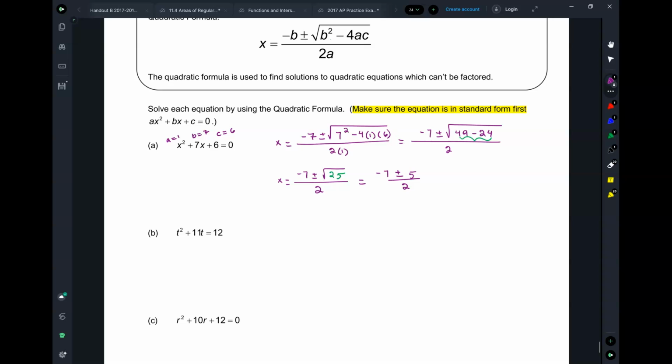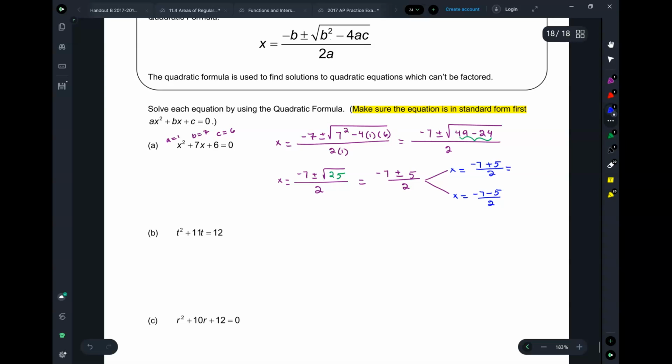Is it possible for us to simplify this further? It actually is. What this plus or minus means is this. That means there are two solutions now. One, x is negative 7 plus 5 over 2. One, x is negative 7 minus 5 over 2.